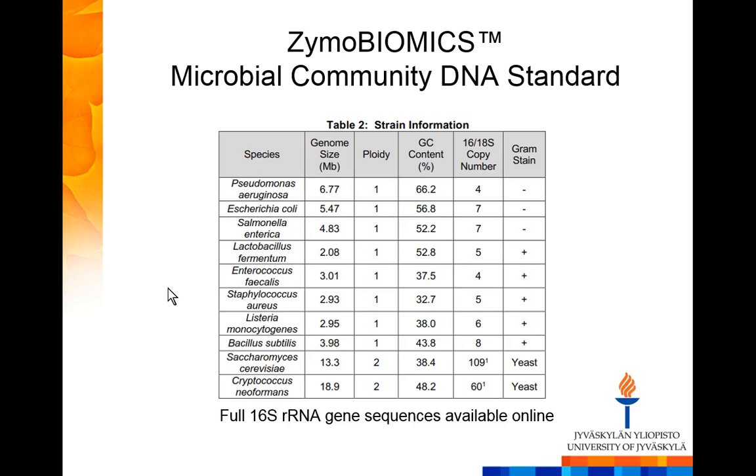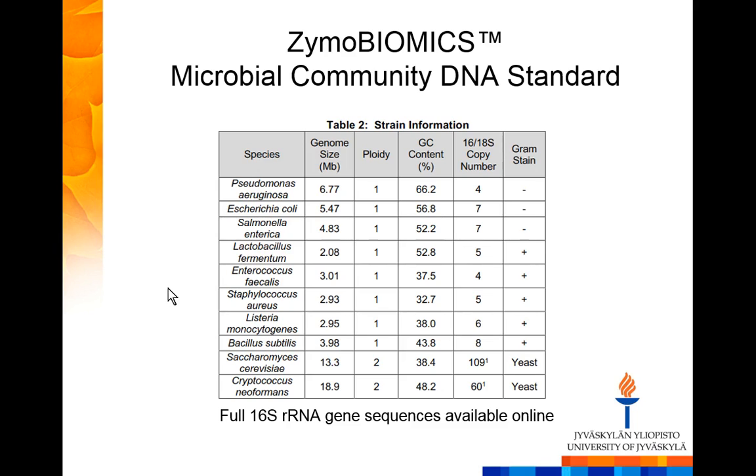It was a commercial DNA standard, because I wanted to have some microbial diversity there. I definitely wanted to have genomic DNA and not just 16S amplicons that I would have pooled. And we had gram positives and gram negatives there, bacteria with very different GC content, which goes from 66 to 33.